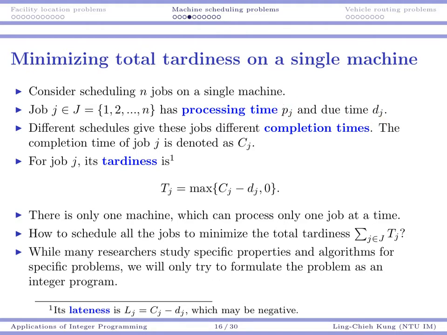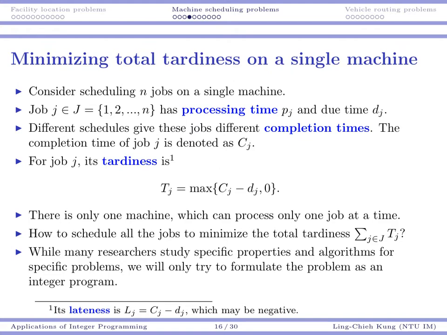Processing time means I need this amount of time to complete this job, and the due time is a requirement for me to satisfy. And then different schedules give these different jobs different completion times. Okay, the completion time denoted as Cj means a particular time moment that this job is finished.